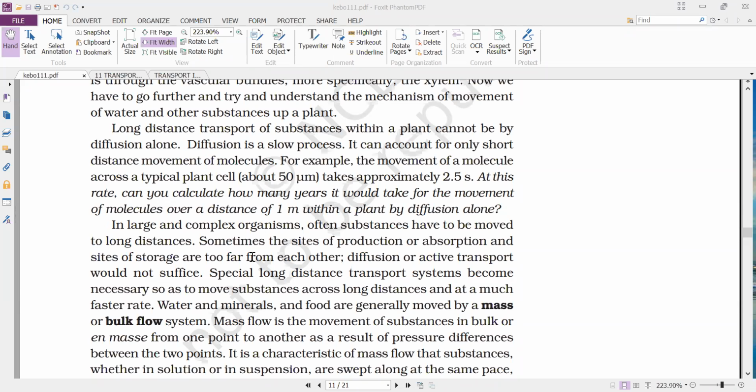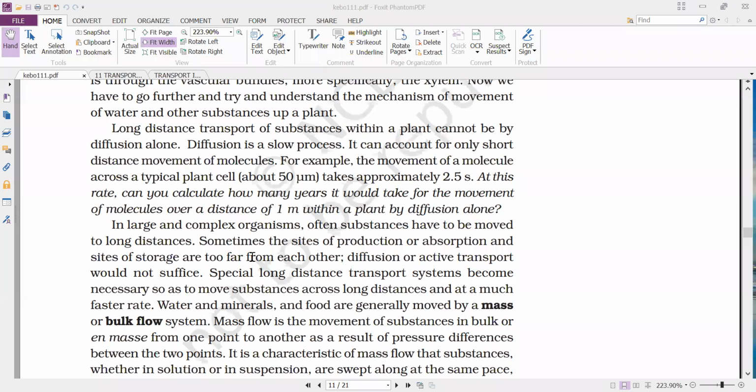For example, the movement of a molecule across a typical plant cell, about 50 micrometers, takes approximately 2.5 seconds. That means by the diffusion process, transport of a molecule occurs at a rate of 2.5 seconds for 50 micrometers.